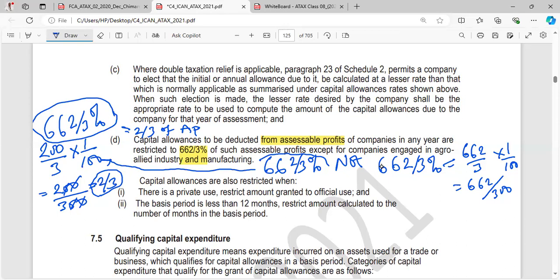2 over 3% is as saying 2 over 300. And if you see this other one, don't go and say 662 over 3%.